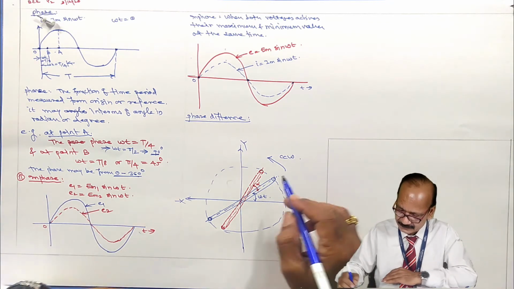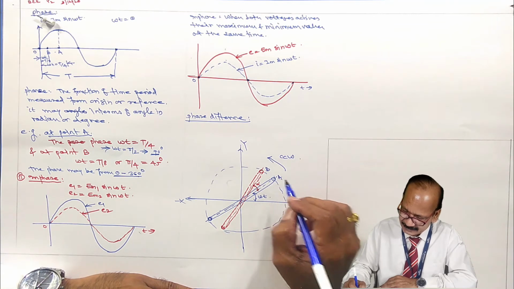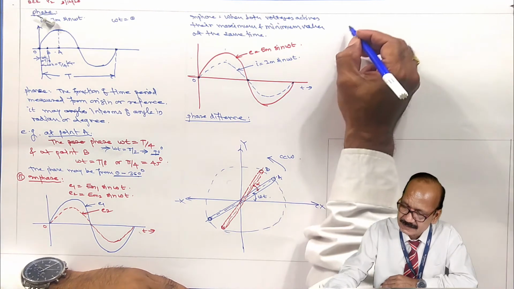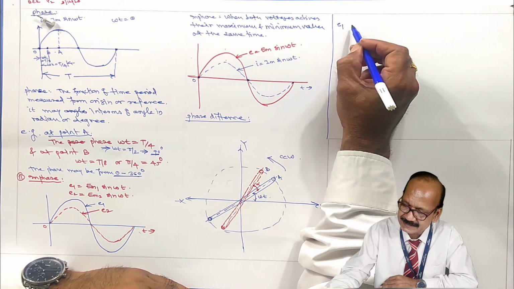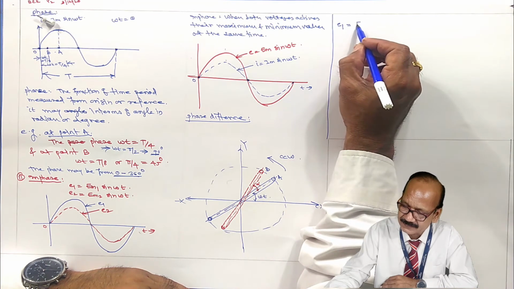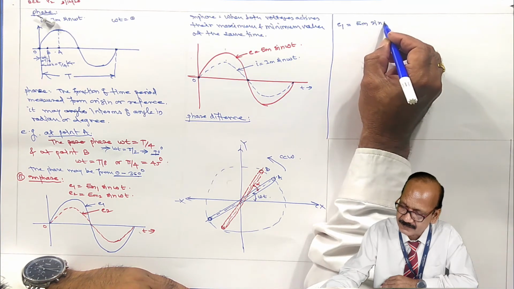And therefore, EMF induced in coil A is say E1 equal to E max sin omega t.